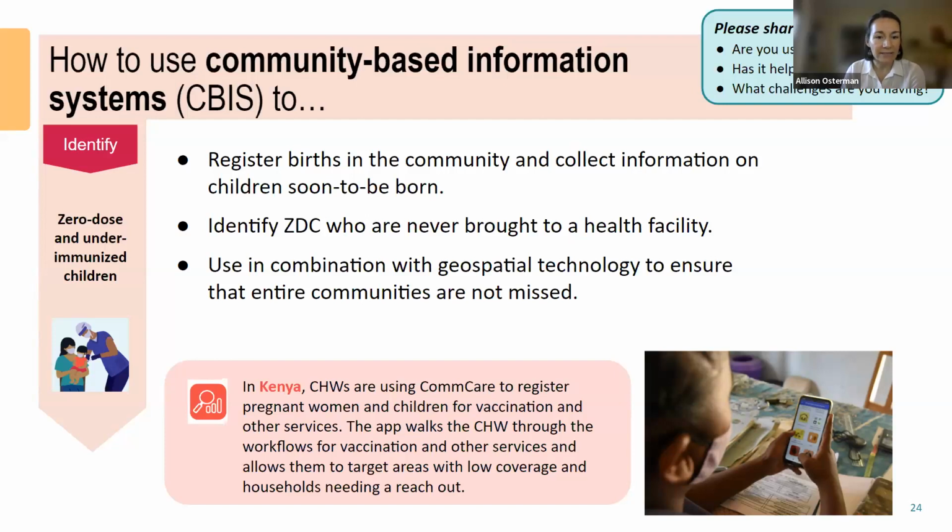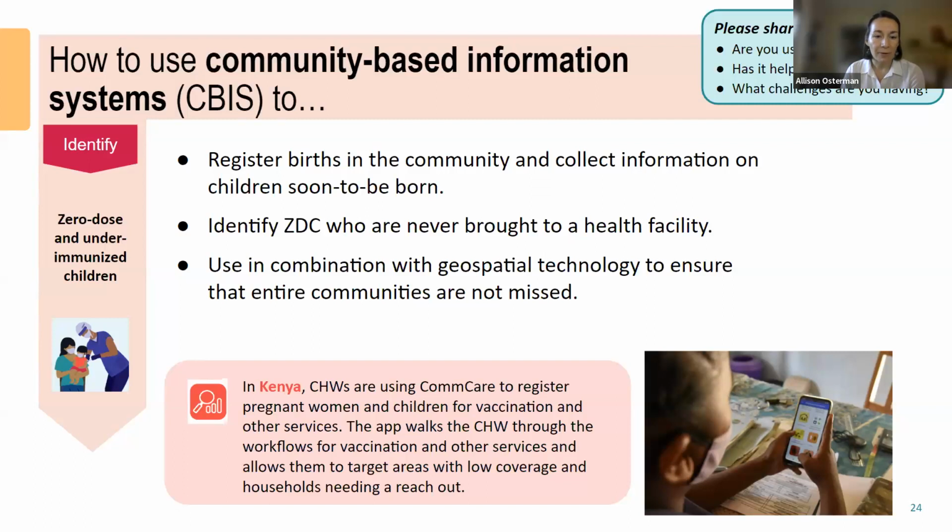So CBIS are systems that are used to collect, manage, and analyze data on health services provided to individual children at the community level. This is data that's primarily collected by CHWs, and some of the software platforms that CBIS use and that you might be familiar with are platforms like ComCare, Community Health Toolkit, ODK.